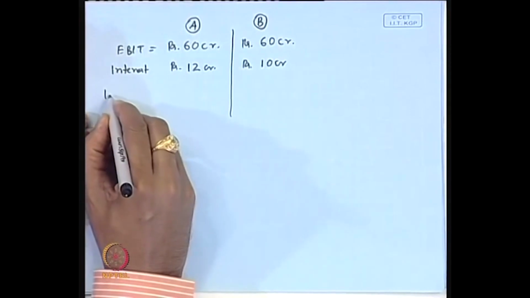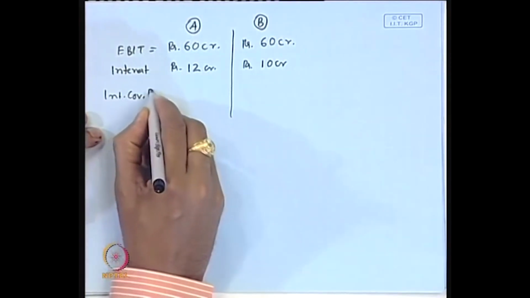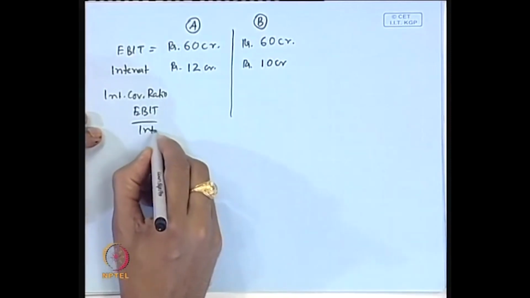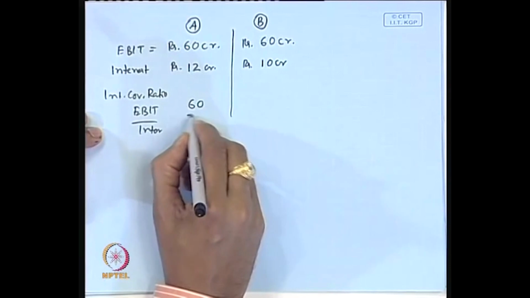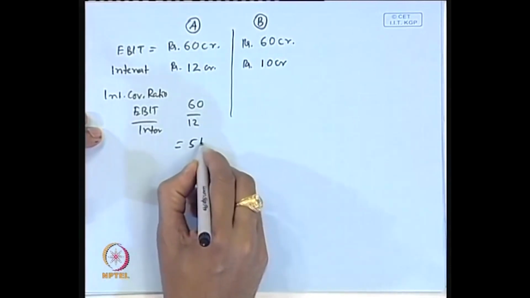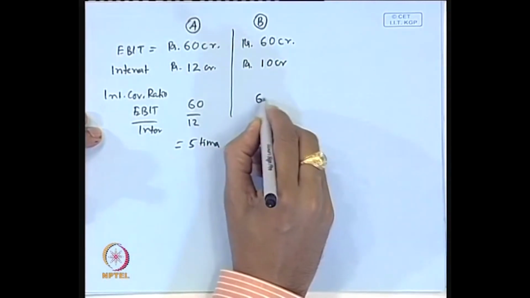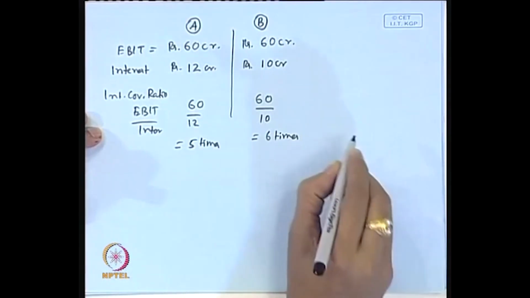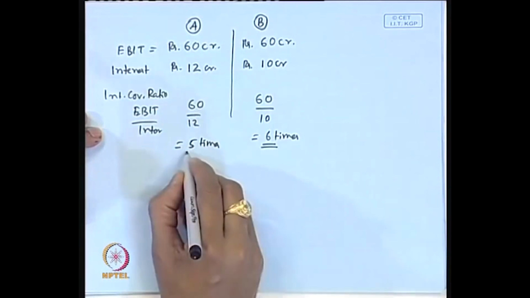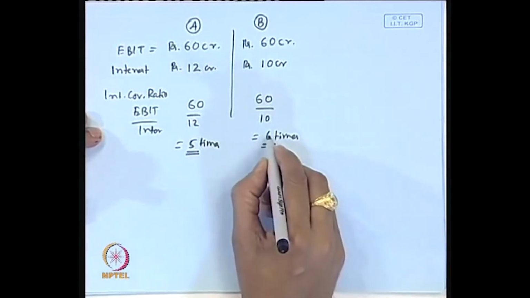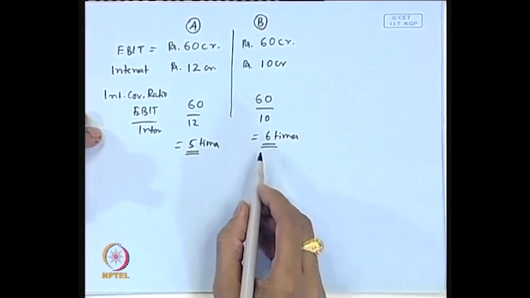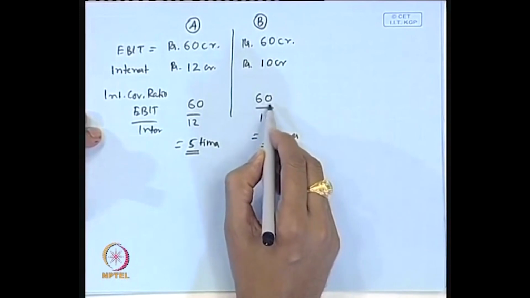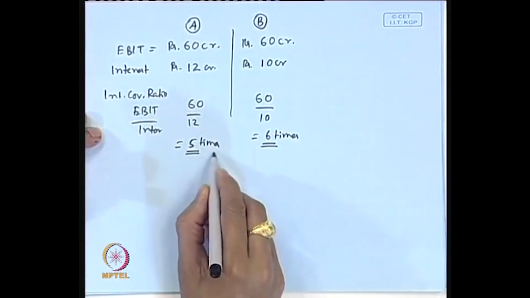So the interest coverage ratio, which is EBIT by interest, is 60 by 12, that is 5 times, in the case of company A, and 60 by 10, that is 6 times, in the case of company B. One can see that company B has earned 6 times its interest as far as EBIT is concerned, while company A has earned 5 times.